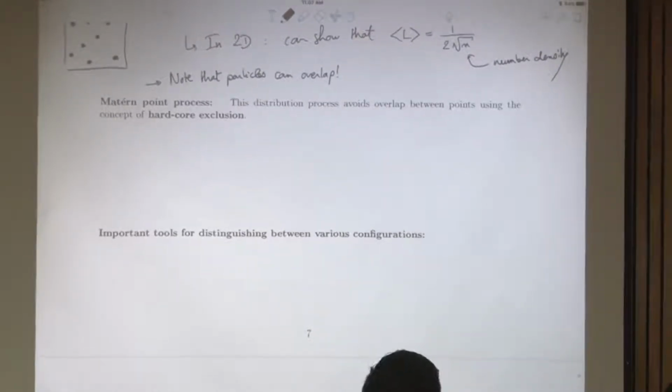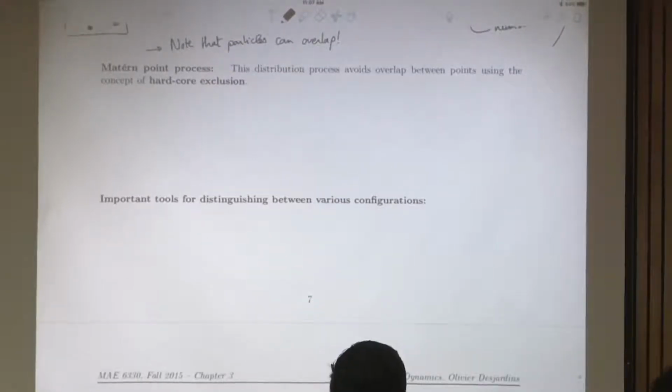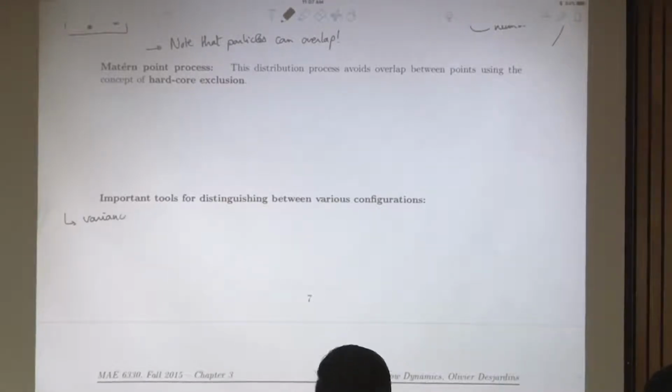Again, the summary here is that we're going to need to worry about high-order statistics for our volume fraction distribution. An obvious one is going to be the variance. Well, let me say variance of number density.